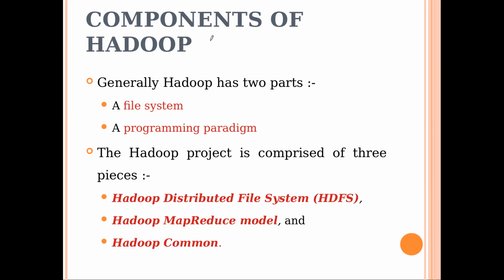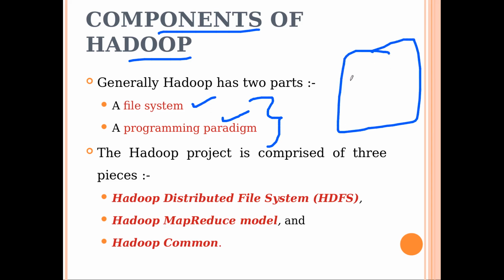Then we will see the different components of the Hadoop architecture. Generally, Hadoop has two parts: one is a file system and the second is a programming paradigm. A Hadoop project is comprised of three different portions.